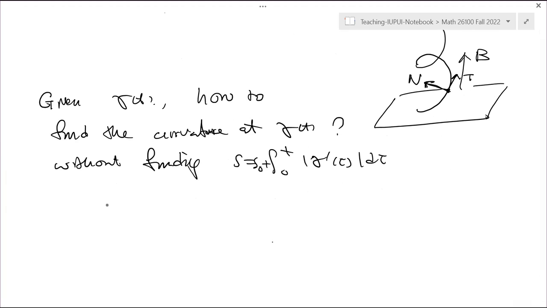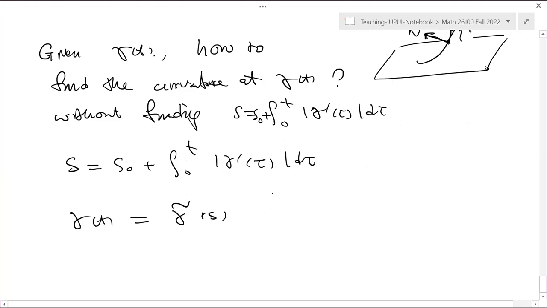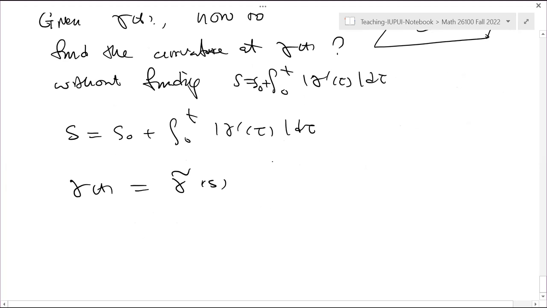So I know S is related to gamma t by this formula. Theoretically, you have this relationship. You can replace S by this, you can get gamma t. So that's a relationship.